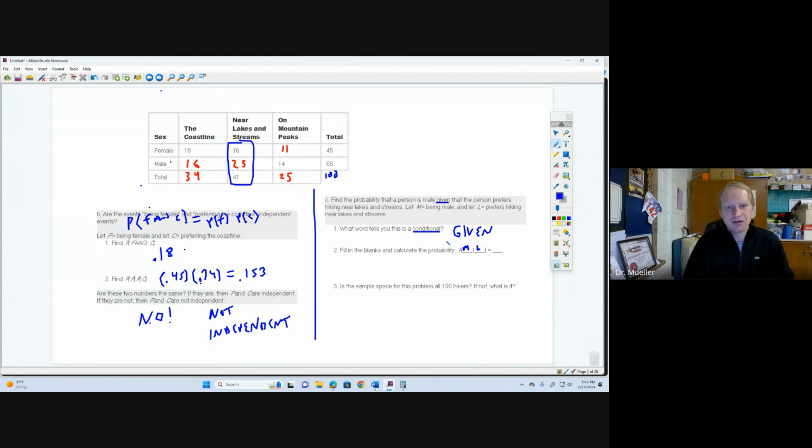And then we find the probability of M, that they're male. That's 25 out of 41. Is the sample space for this problem all 100 hikers? It is not. It's the 41 hikers, so it's no, because the bottom number is 41.